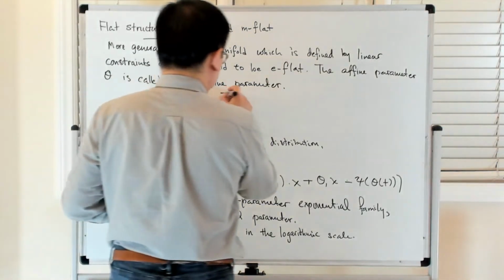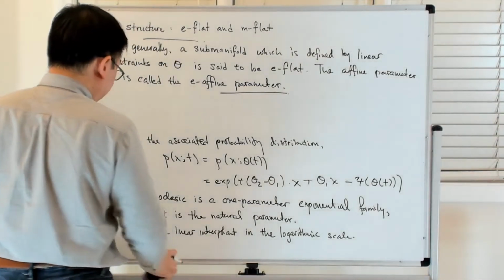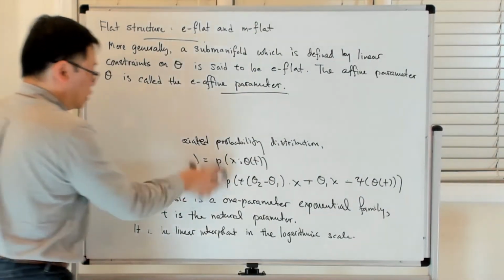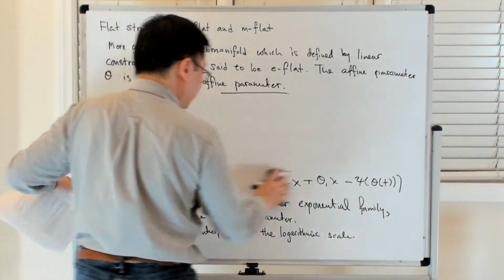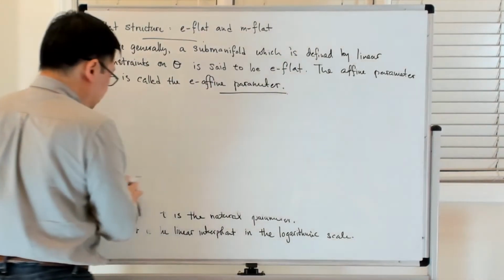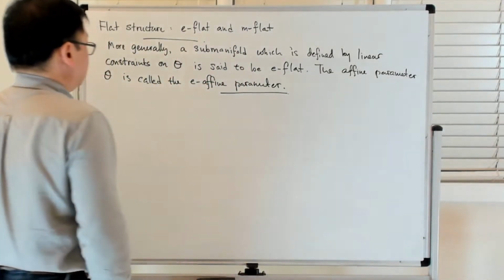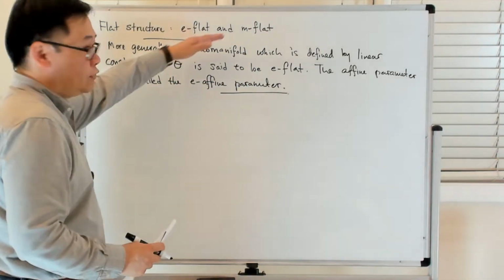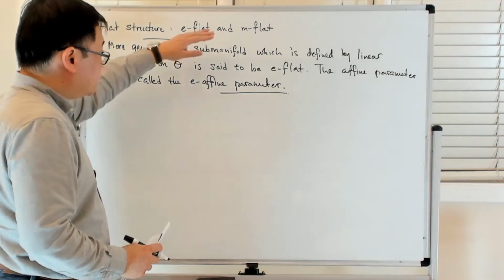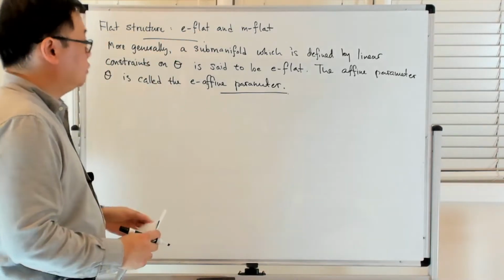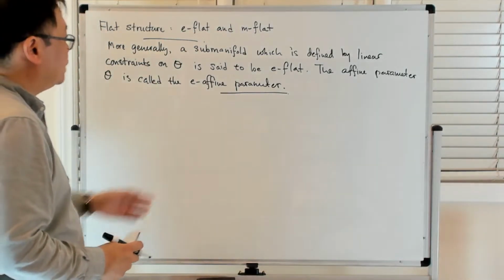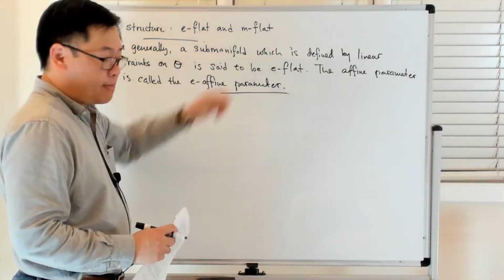All right, so that's sort of the primal part. As you expect, there is a corresponding notion of everything we've talked about so far in terms of the dual coordinate systems. And as you might expect just from the title of the section, that dual coordinate system is obviously associated with the mixture family.